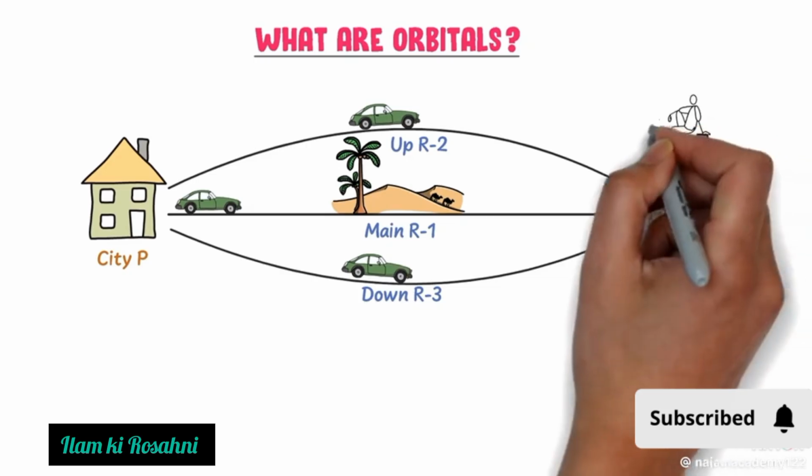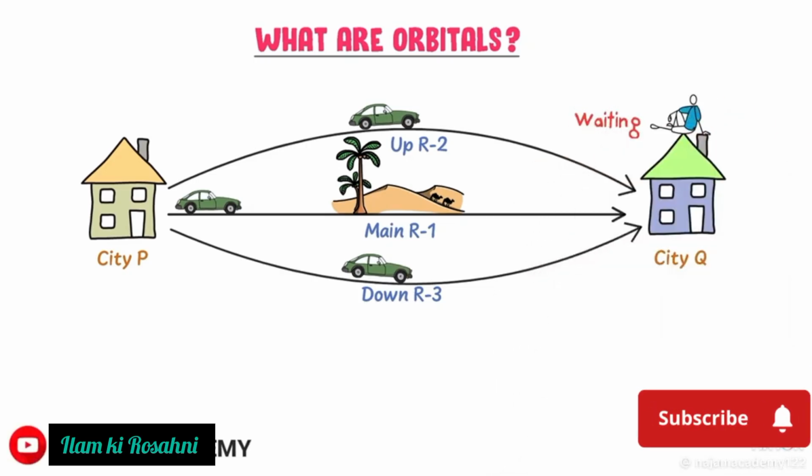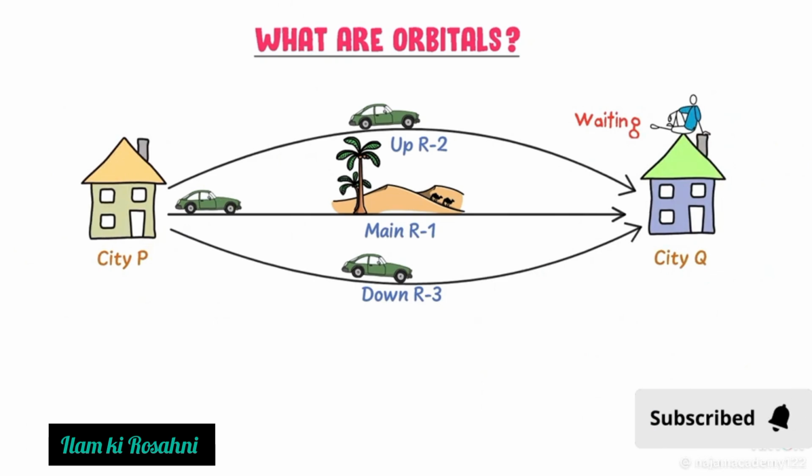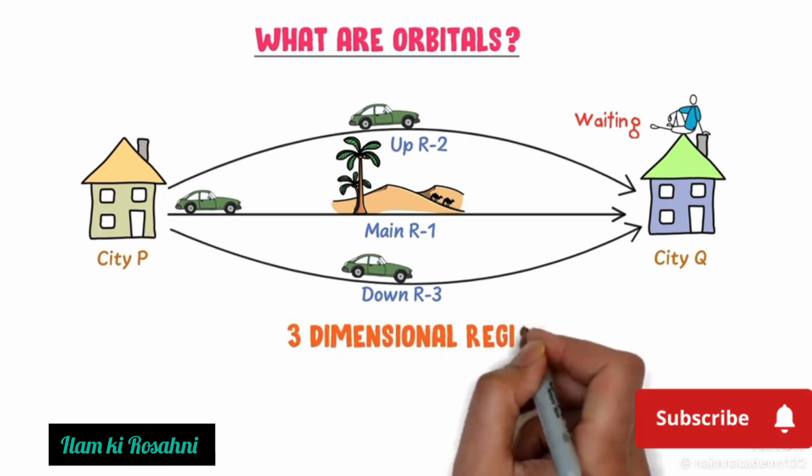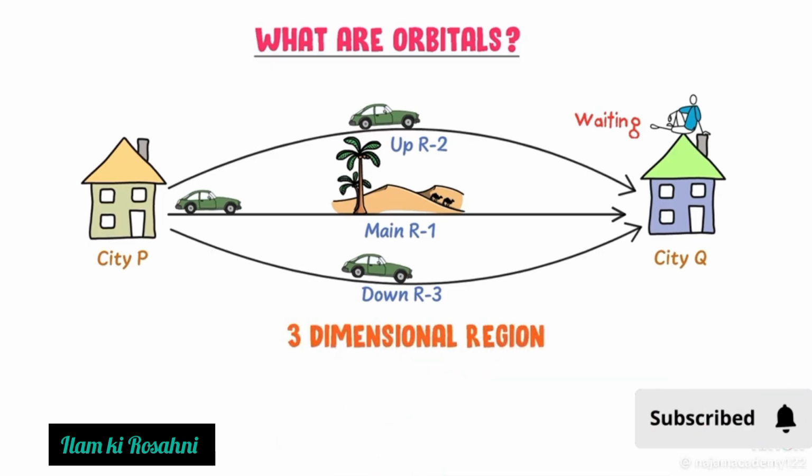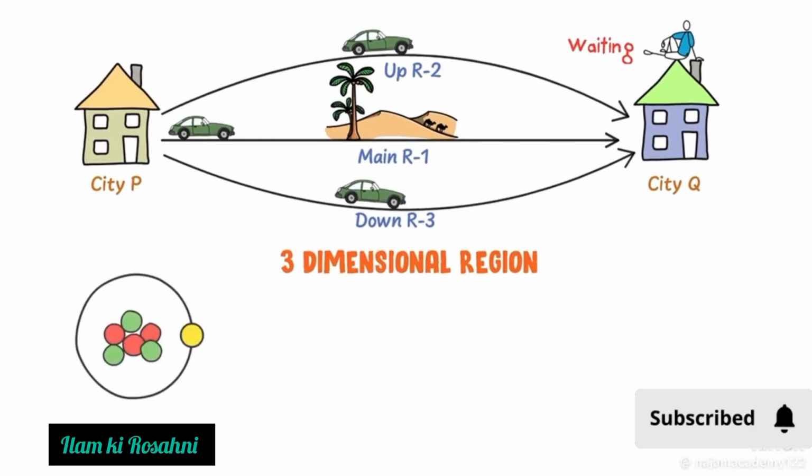Also, you are waiting for the arrival of the car in city Q. But you are 100% sure that there are three roads on which the car will travel from city P to city Q. Secondly, we say that road 1, road 2 and road 3 are the three-dimensional region where the car is traveling from city P to city Q.